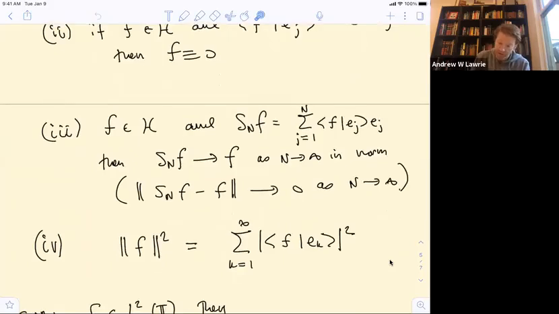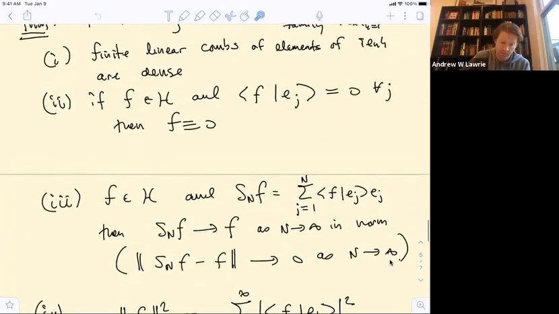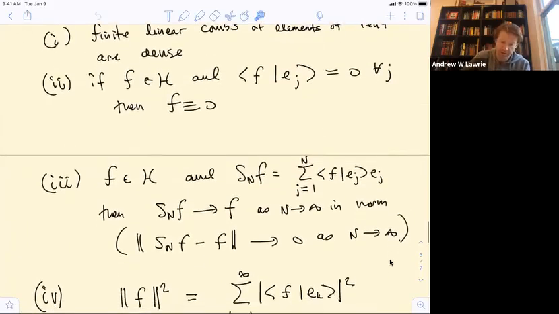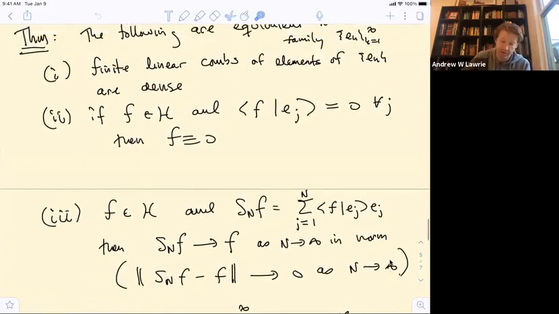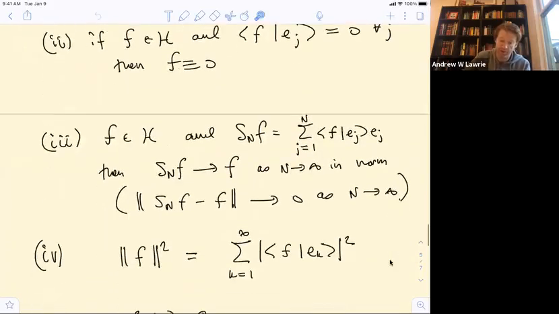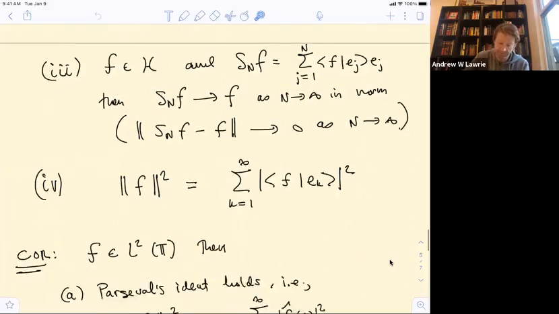And then four, the norm of f squared is equal to taking f, pairing it with all of the elements of the basis, taking absolute value squared and summing. So these are four equivalent characterizations of an orthonormal family being a basis.